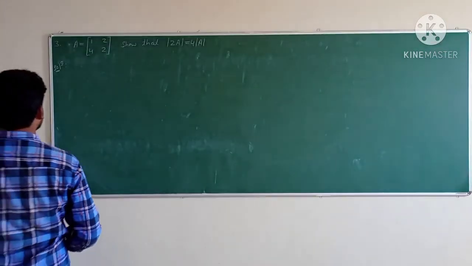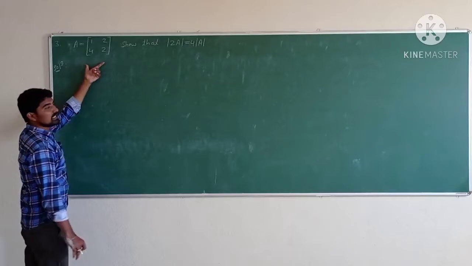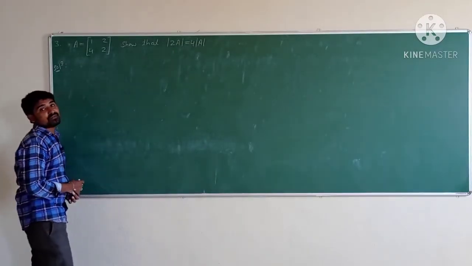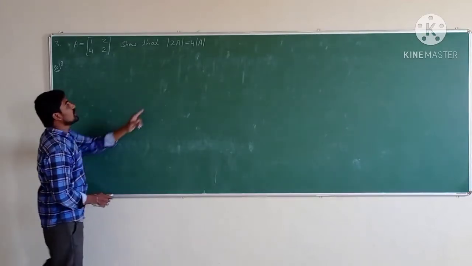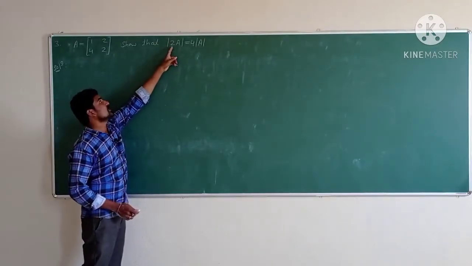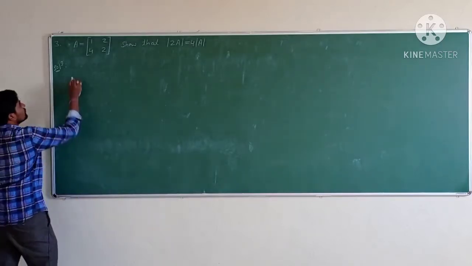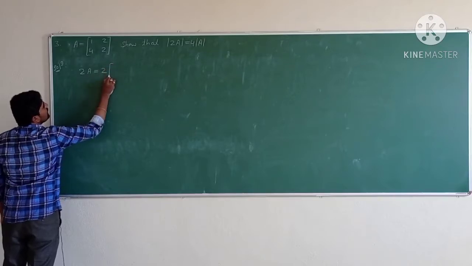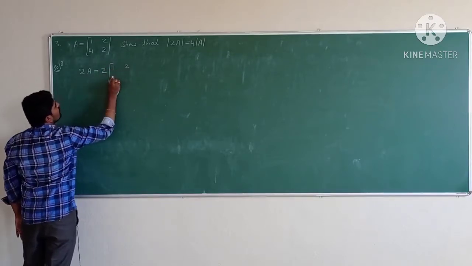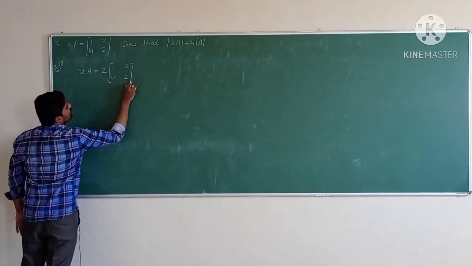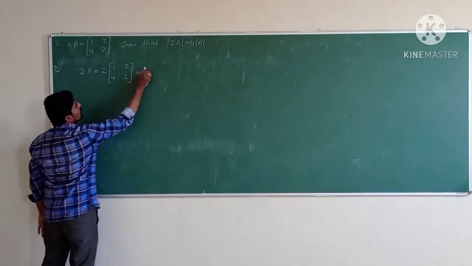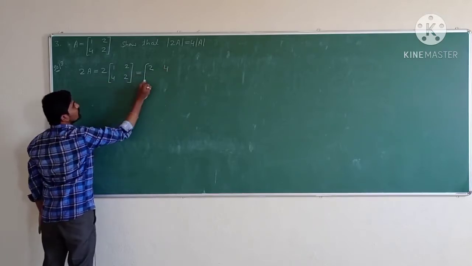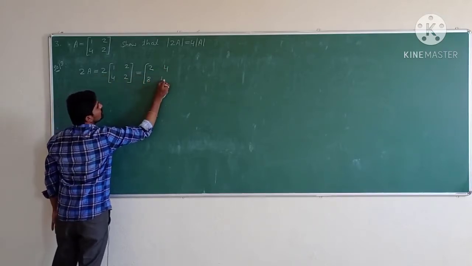So now the third question. Here he has given the matrix A and we need to show that the determinant of 2A is equal to 4 into determinant of A. To find the determinant of 2A, first we need to find the matrix 2A. Therefore 2A is equal to 2 into matrix A, that is 1, 2, 4, which is equal to 2 into 1, 2, 2 into 2, 4, 2 into 4, 8, 2 into 2, 4.